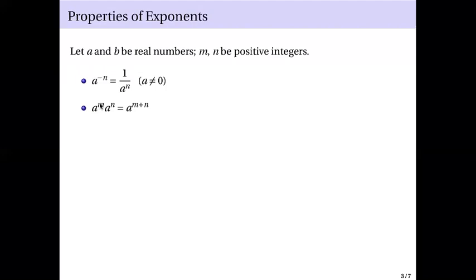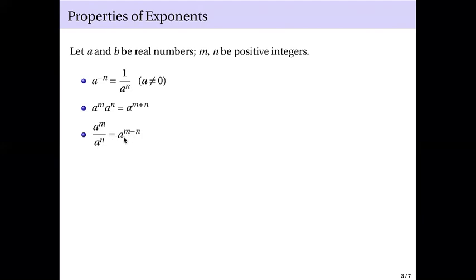Now, if you multiply two powers of a, a to the m times a to the n, this is the same as just adding those exponents. So this is equal to a raised to m plus n. And if you divide, for example a to the m divided by a to the n, you just need to subtract the powers.